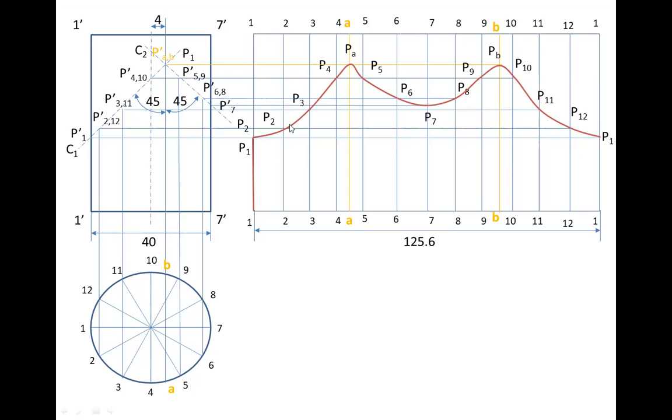P1, P2, P3, P4, PA, P5, P6, P7, P8, P9, PB, P10, P11, 12 and this. So this will be the nature of the curve. And from that again continue the work, P1 again.